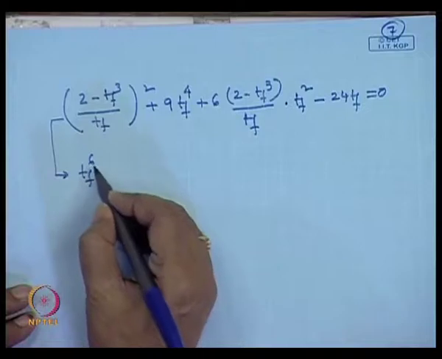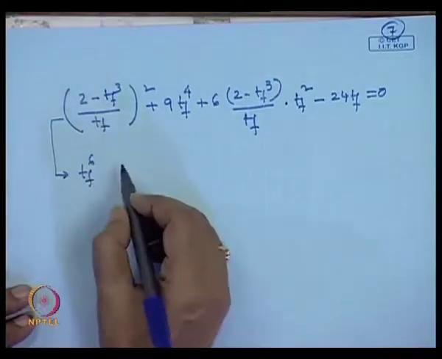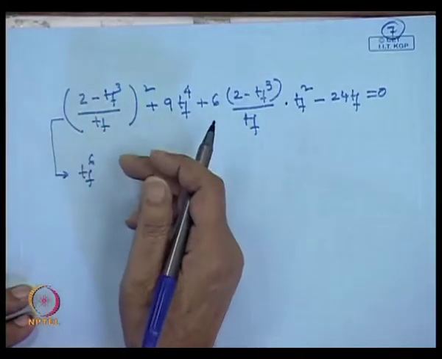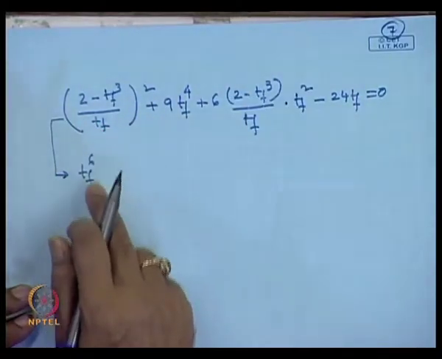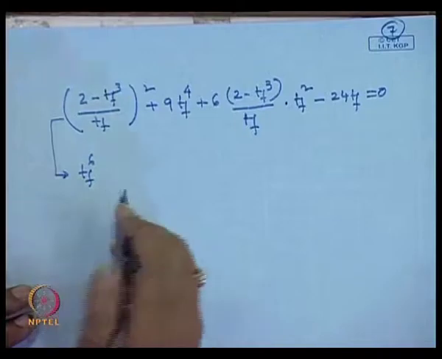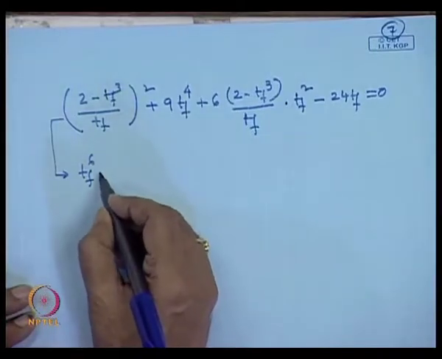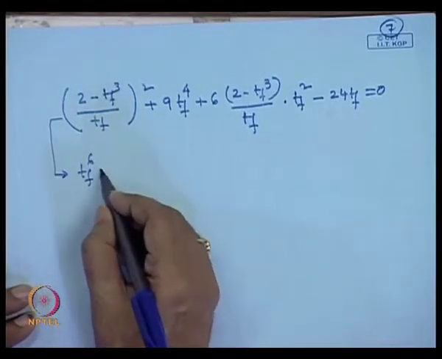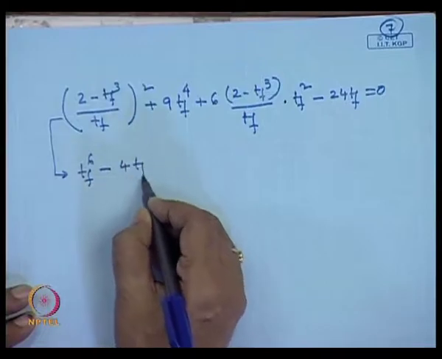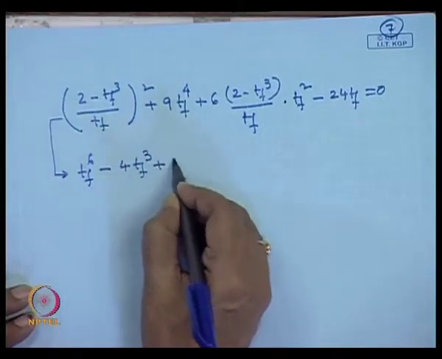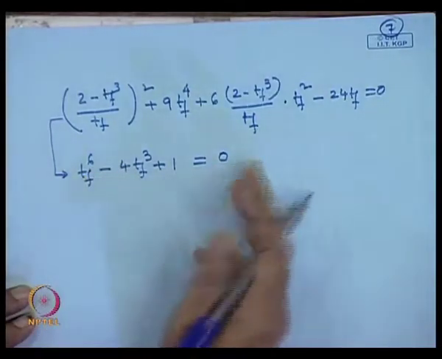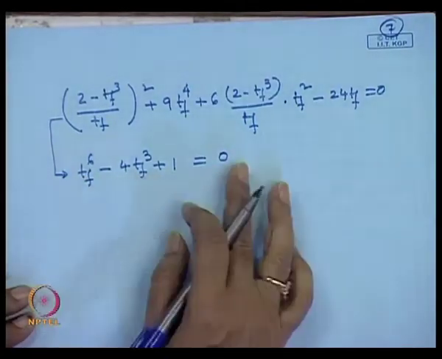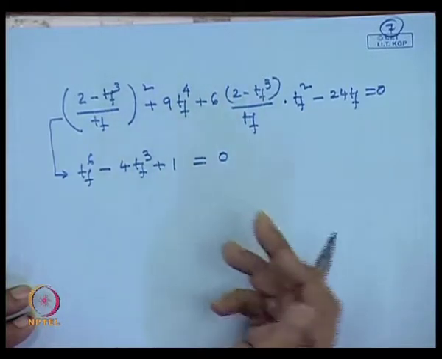I am skipping a few steps; it is an academic exercise you have to do to arrive at this expression. So, T f 6 minus 4 T f cube plus 1 is equal to 0. Now, this is the equation which one can solve for T f.